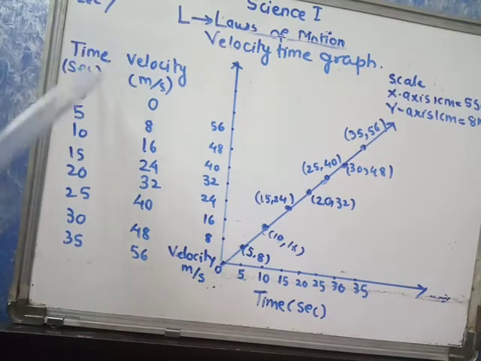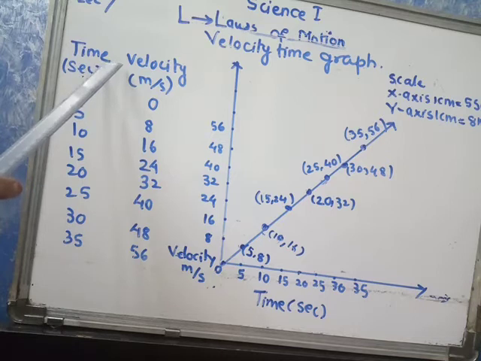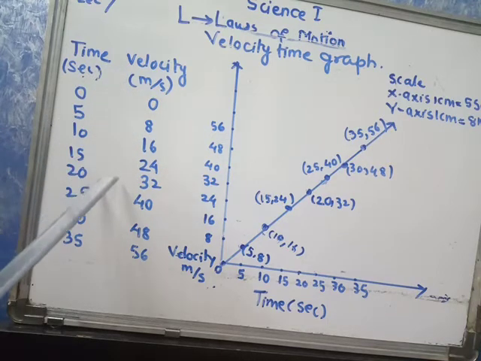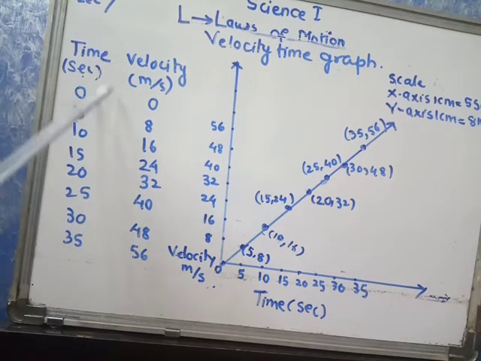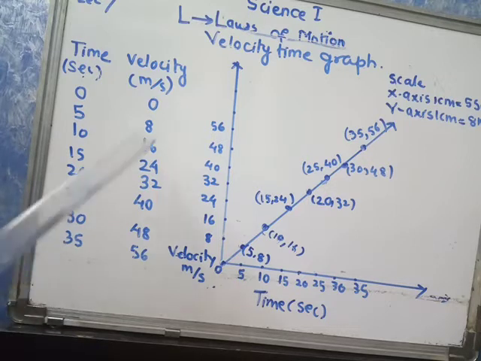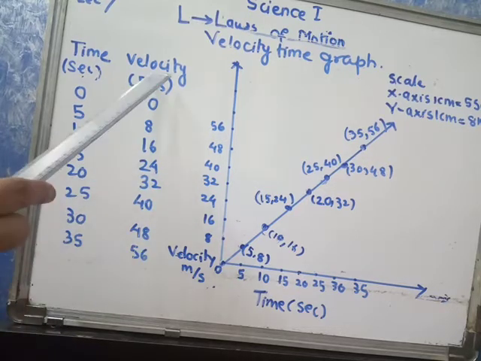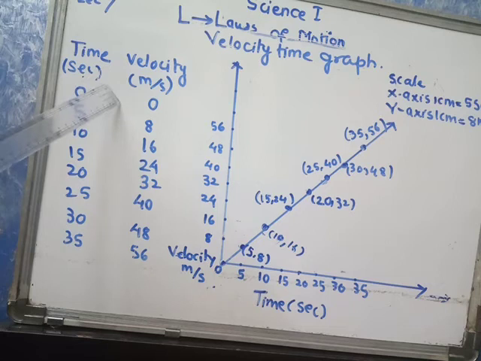Look at this table. This first vertical column indicates time in seconds: 0, 5, 10, 15, 20 and so on. This column denotes the change in velocity of the object.